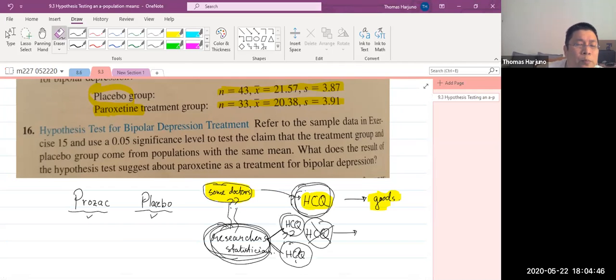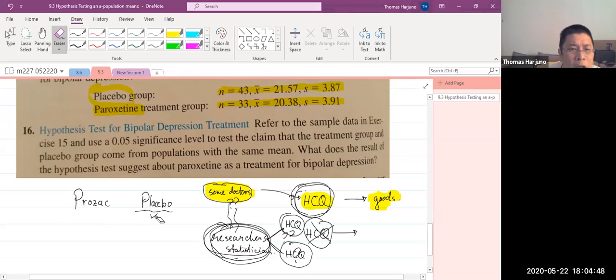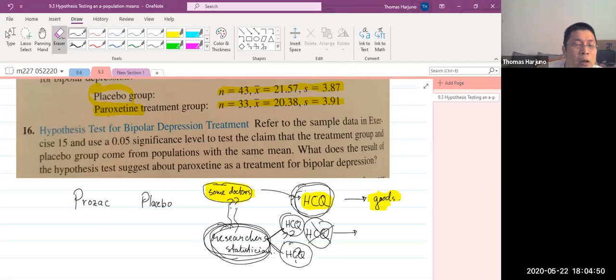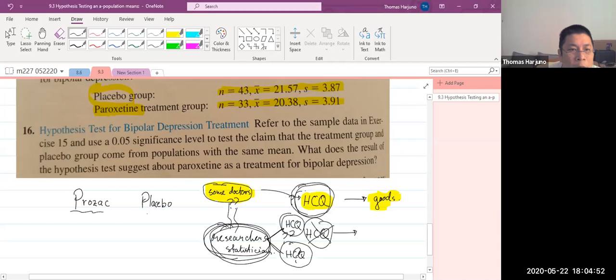Now, if we change the storyline a little bit, put them in a stressful environment. People with Prozac get better and people with placebo also get better. Then it will even confirm more that your Prozac is not effective, right? Because you get Prozac or placebo, you get the same result. So what's the point of getting Prozac?